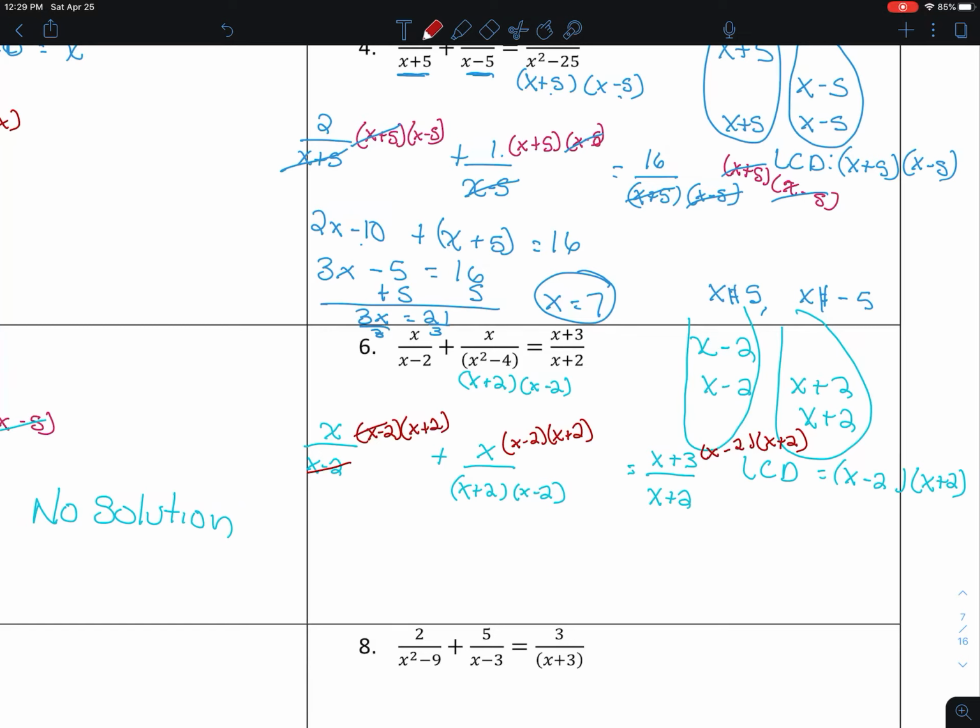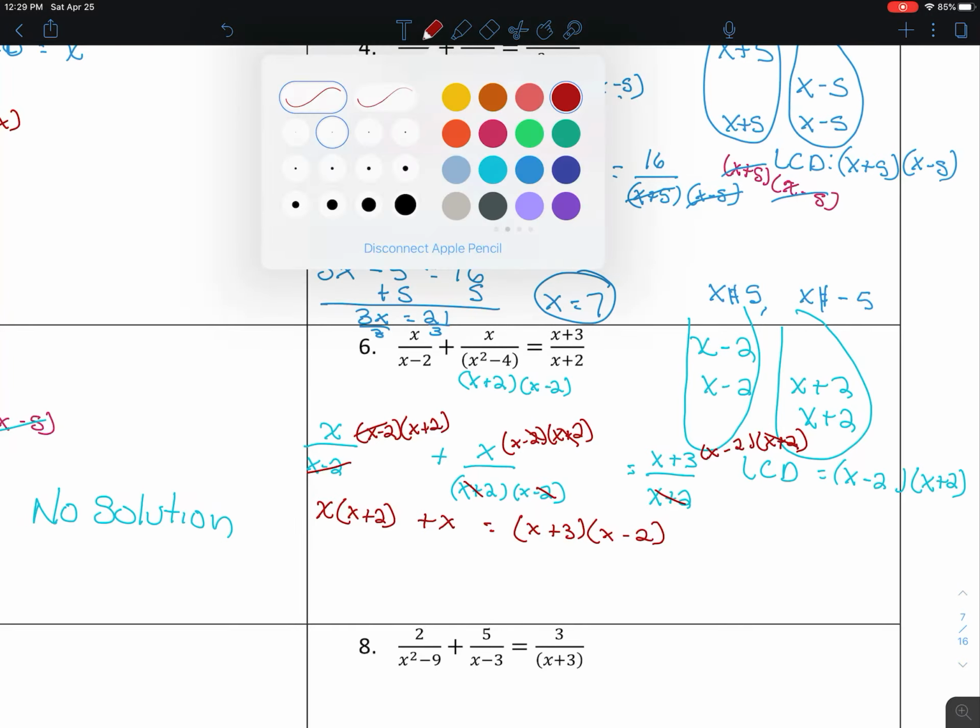Okay, and what happens? That x minus 2 cancels, so I am left with x times x plus 2. Everything cancels, so I'm just left with x. The x plus 2 cancels, and so I'm left with x plus 3 times x minus 2.